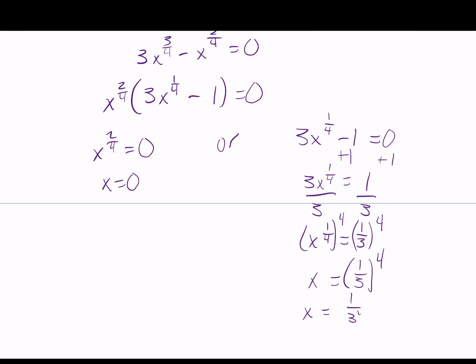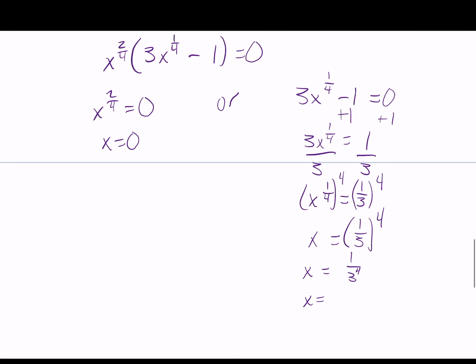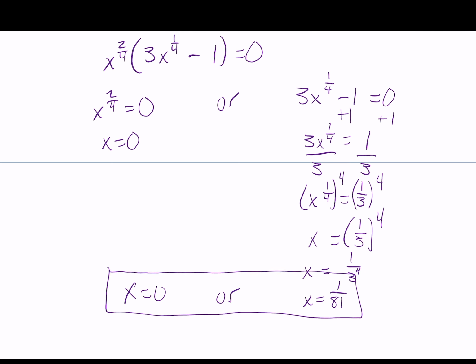Make sure I make that clear that that's an exponent. And 3 to the 4th power is 81, so we're left with x is equal to 1 over 81. So our two answers are x equals 0 or x is equal to 1 over 81.